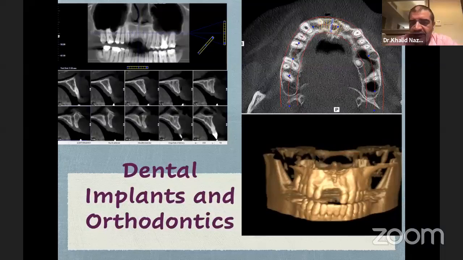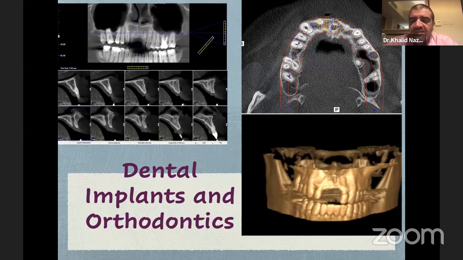Actually, you can see in the lower right image that the patient has two missing incisors, and the reconstructed space for the incisors is adequate. But if you look at the position of the apex of the root, it's totally in the middle of the ridge.